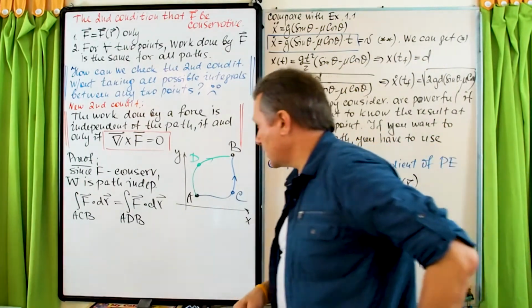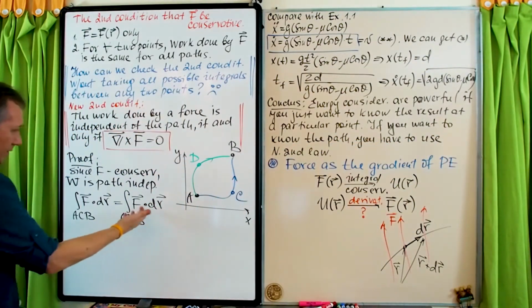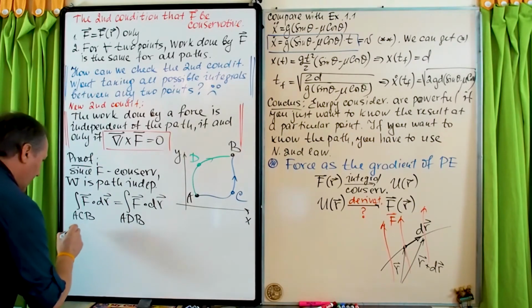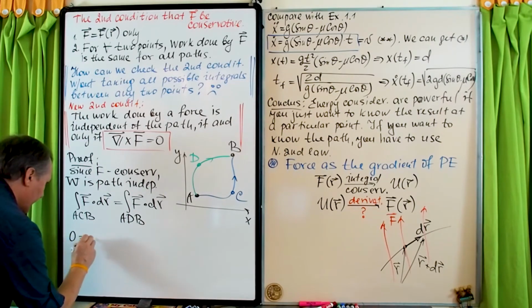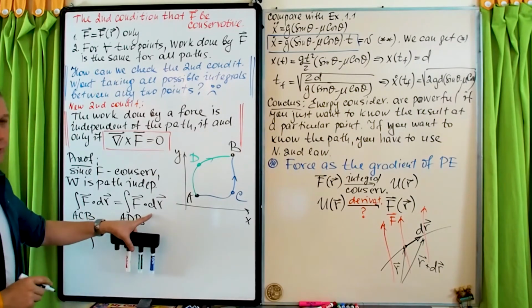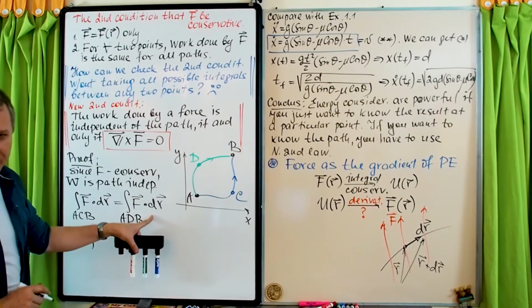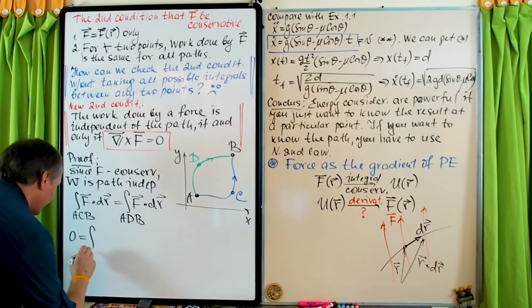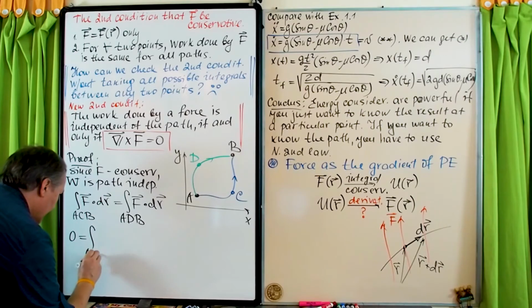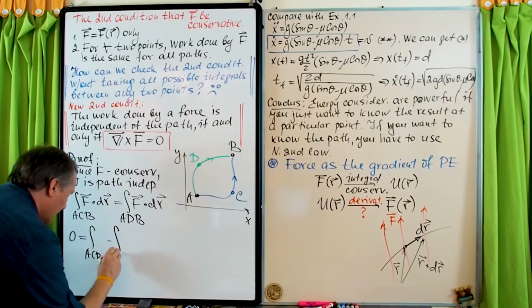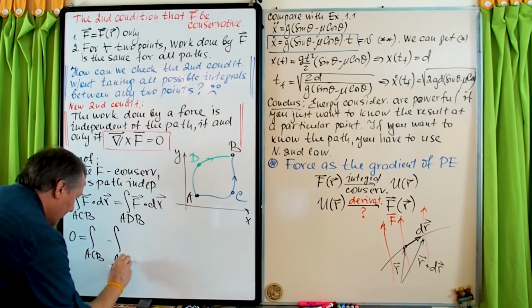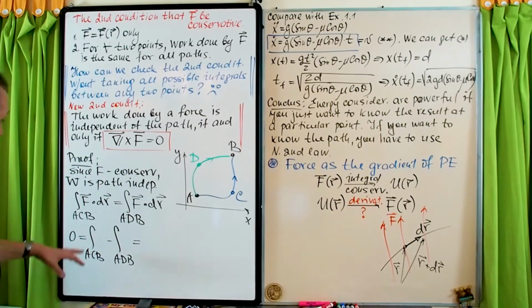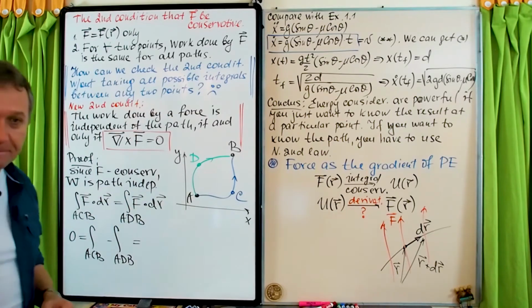Now let's just manipulate this. Let's move this term to the left-hand side, and of course it will be equal to 0. I will stop writing the integrand, it's too much to write, and just write the integral and the path. So it will be the integral over ACB minus the integral over ADB, equals 0, because I moved it to that side.